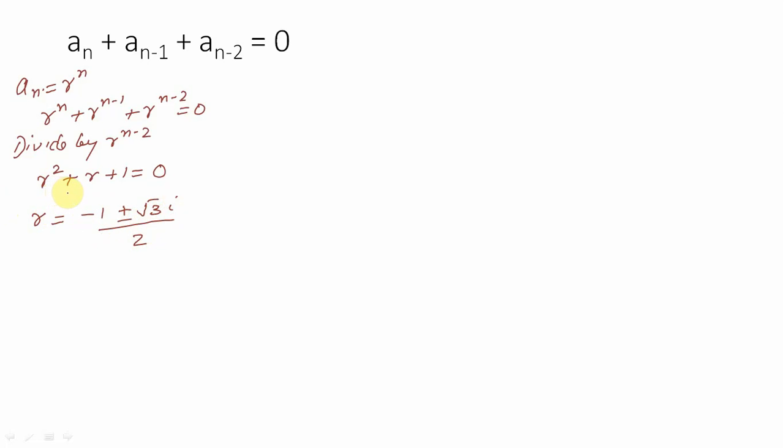The roots are usually minus b plus minus root of b square minus 4ac divided by 2a, where a is the coefficient of r square, b is the coefficient of r, and c is the constant. So you get r is equal to minus 1 plus minus root 3i divided by 2. So, these are imaginary roots.